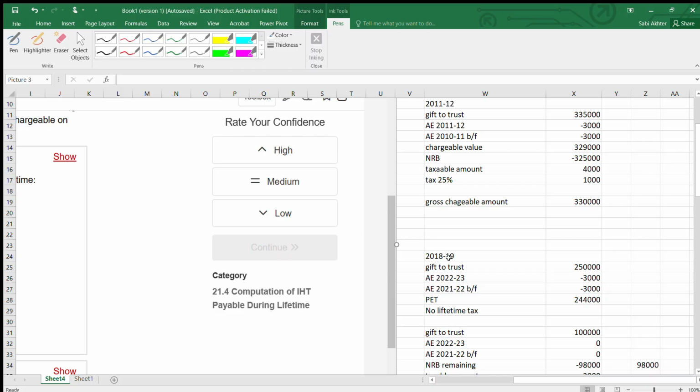So first is the current year 2018-19, and the next is the brought forward, which is 2017-18. The final is 244,000. This is the chargeable value.